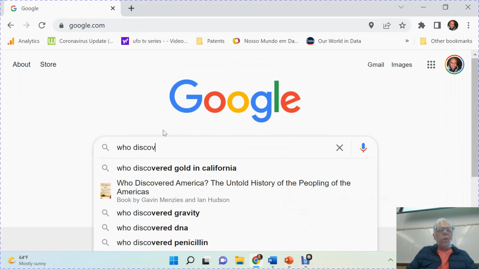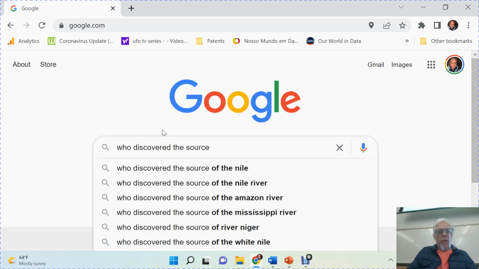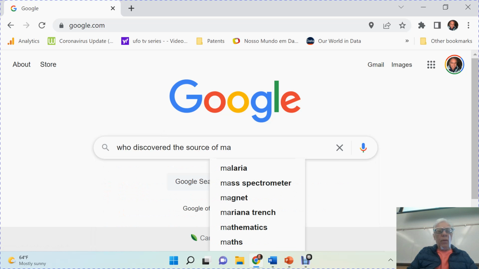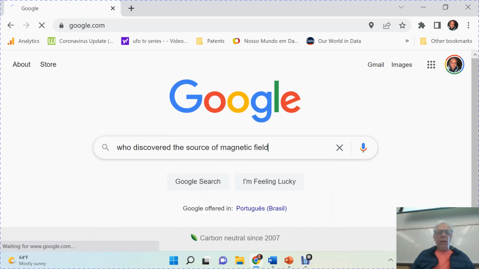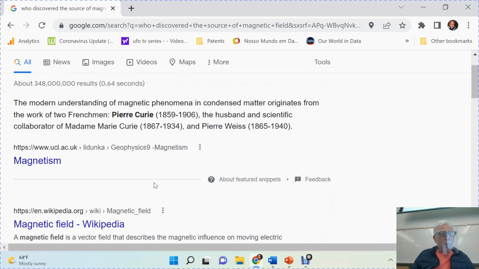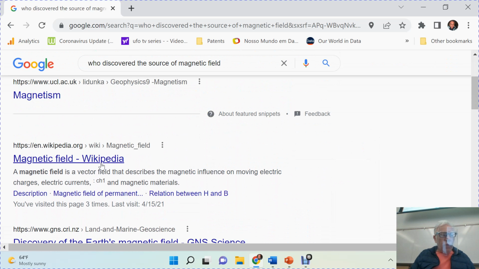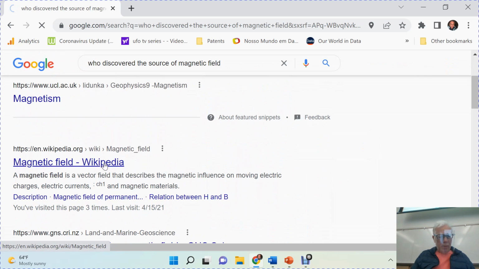Who discovered sources of magnetic field? Source of magnetic field.